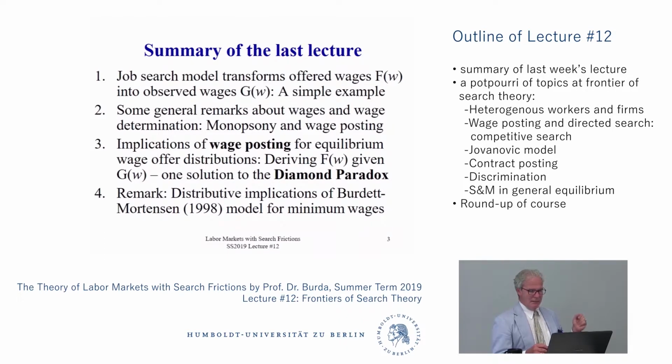So I wanted to mention something before we move on, which is that the Burdett-Mortensen model actually has implications for the effect of a minimum wage. In this model, the bottom of the wage distribution is determined by the worker's outside option, which is basically the unemployment income or benefit. Remember, that's how we derive this distribution, by pinning down one boundary condition of this function, and then we're able to solve for the entire distribution.